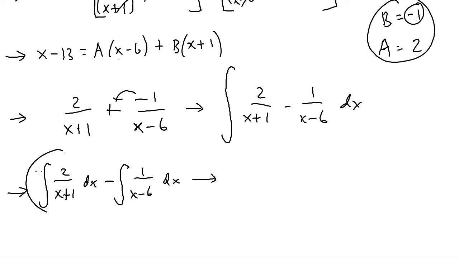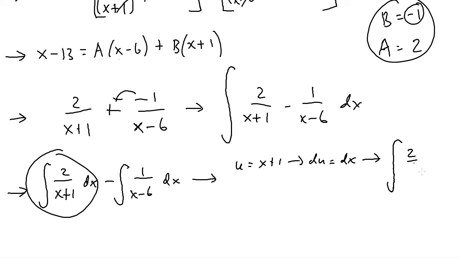Let's start with the integral of 2 over x plus 1. If u equals x plus 1, then du is just going to equal 1 dx, or dx. When I sub that in, I get the integral of 2 over u du. The 2 can come out front, and I get 2 times the integral of 1 over u du, which is just 2 times the natural log of the absolute value of u, and u is equal to x plus 1.